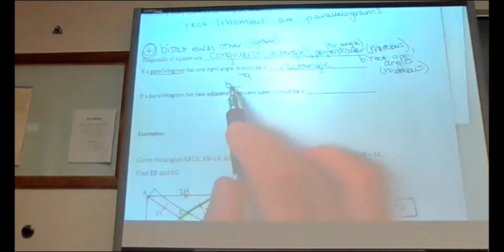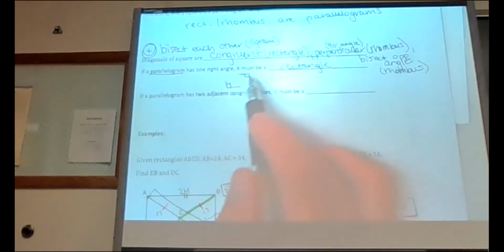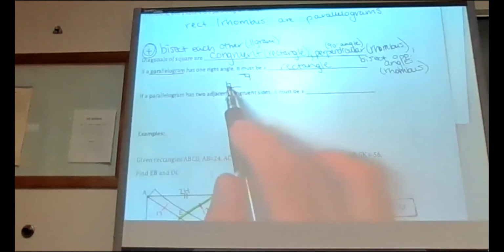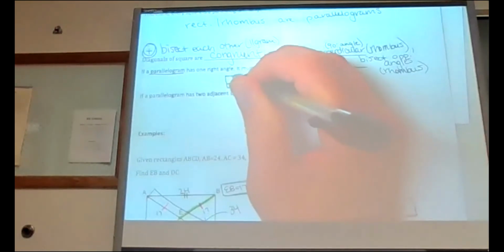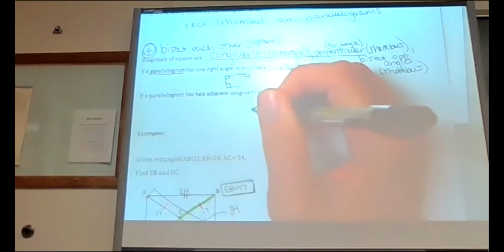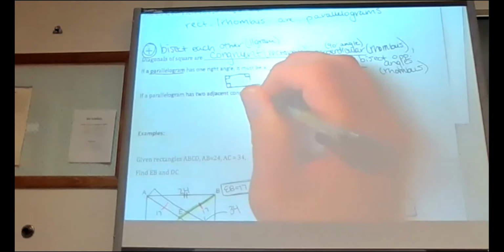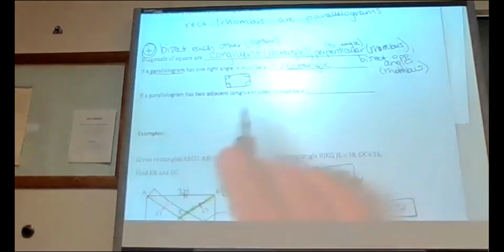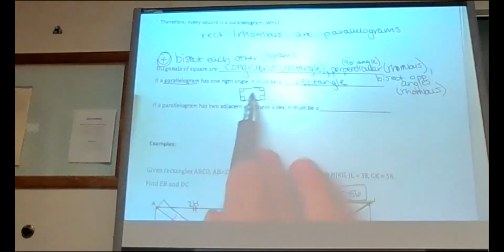So now I'm building my parallelogram. So it has to be 90 and 90. And if it's a parallelogram, then I know the adjacent angles have to add up to 180. Well, to make this add up to 180, I need that to be 90. And same idea here.